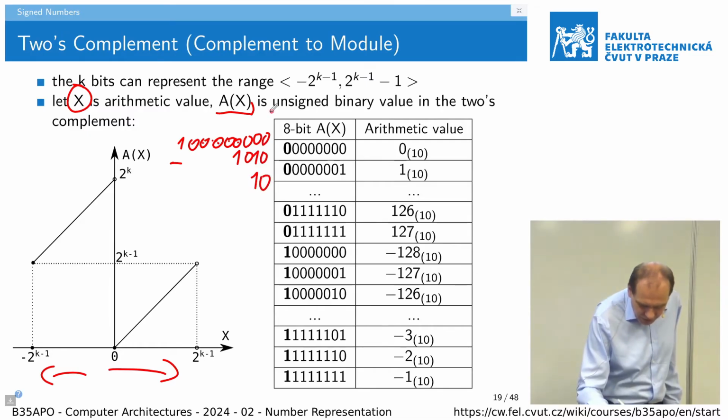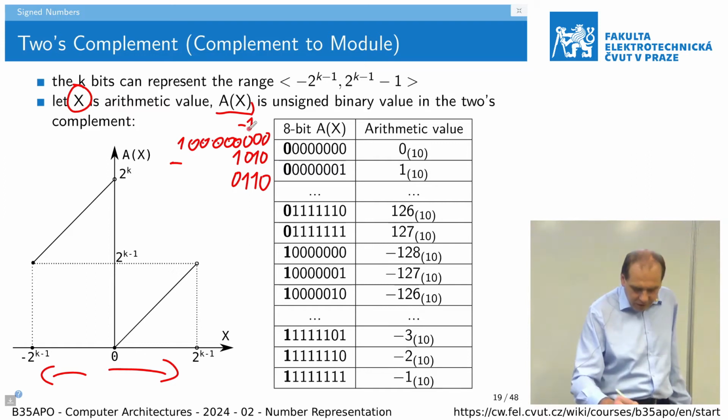This is 1. This would be 1. This would be 0. Is it this? 0 minus 0 is 0. No, it is 1. 0 minus 1 is 1, and I need to borrow 1.